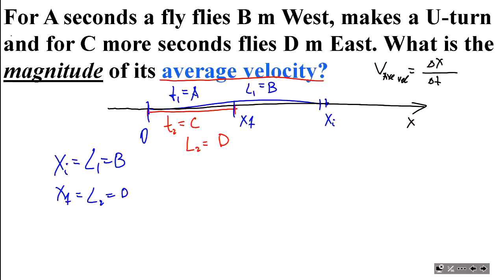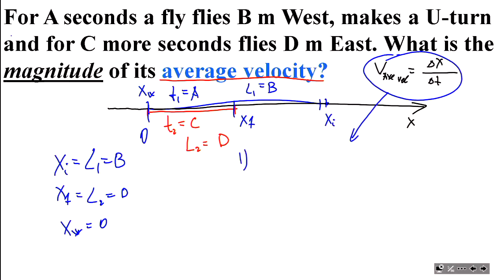And this x in the middle, x west, because that's the point of the return, will be equal to 0 because of our choice. Now, this situation has 3 individual parts. We can discuss the motion to the left, the motion to the right, and the whole motion, which means we can apply the same equation 3 times.